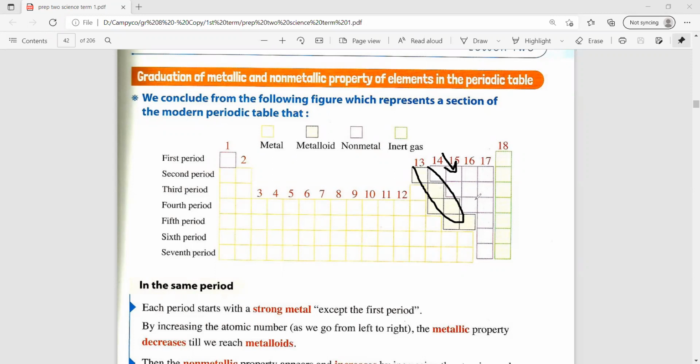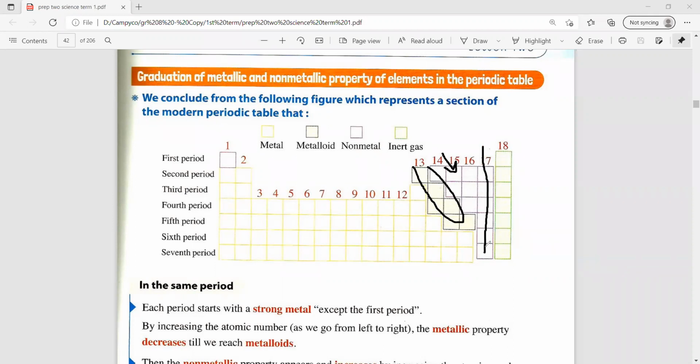Where can we find the strongest non-metal? It is in the 7. Yeah, in 7A, until we reach the inert gases.